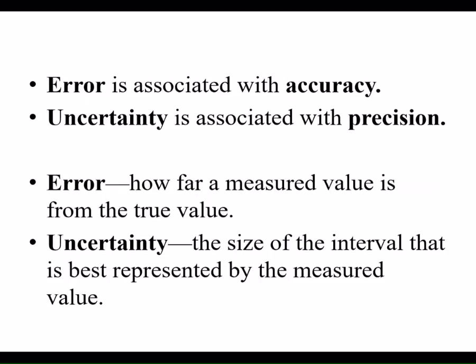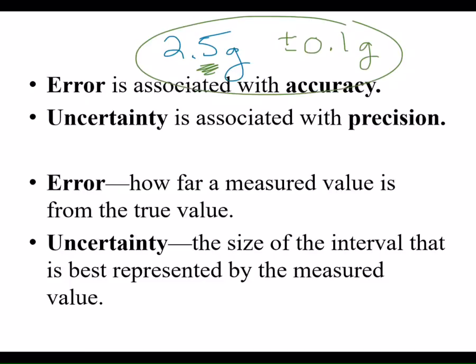For instance, 2.5 grams usually means that your scale goes out to the nearest tenth of a gram, and oftentimes we'll call it a tolerance. Sometimes we'll say it's plus or minus 0.1 grams. That's the uncertainty in that measurement, and that's associated with precision.